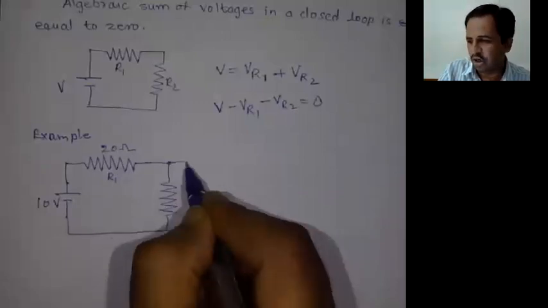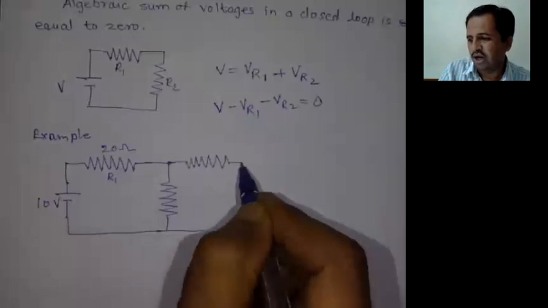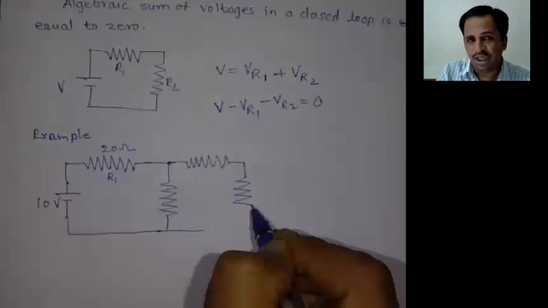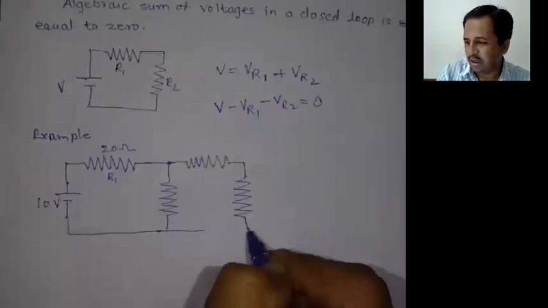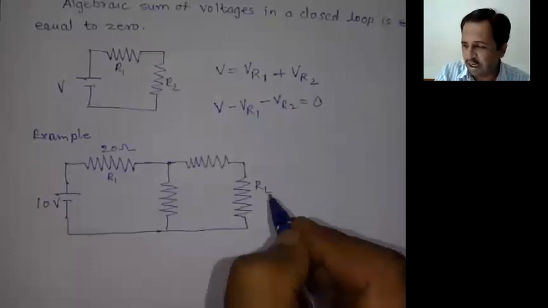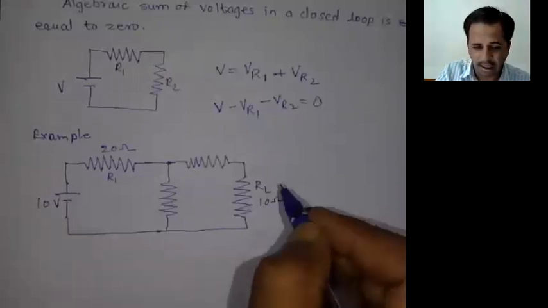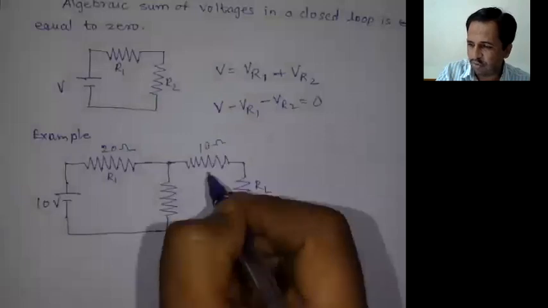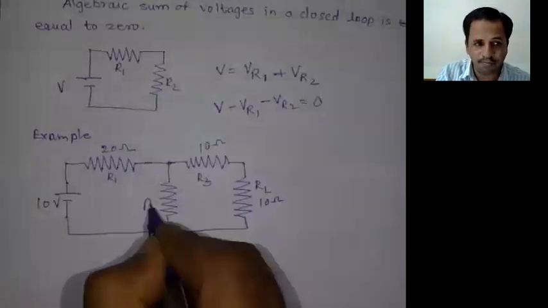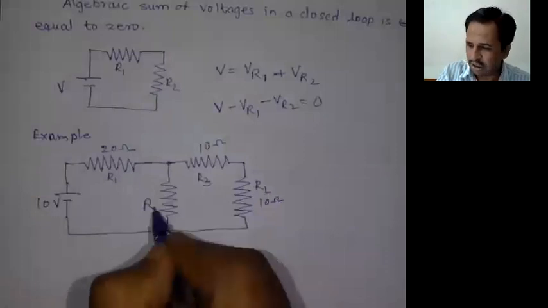I have to write one more resistor here to simplify with another method. The third resistor, represented as RL, should be 10 ohm, that is R3 should be 10 ohm, and R2 is 20 ohm.